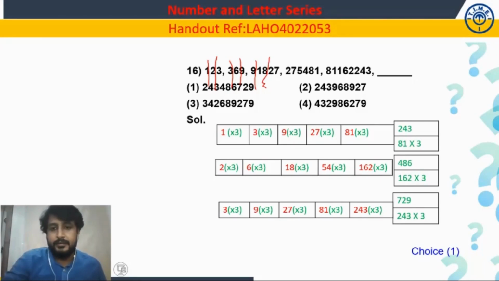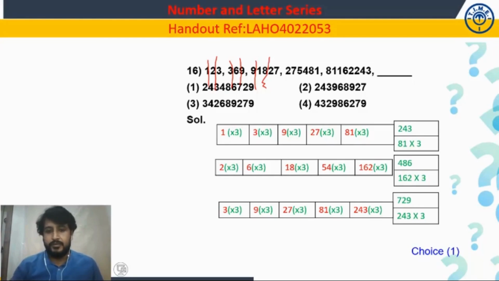It is separated like 27, 54, 81, 81, 162, 243. And the correct answer is choice 1.